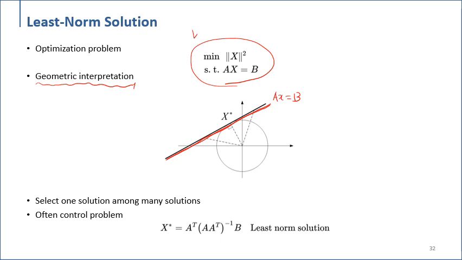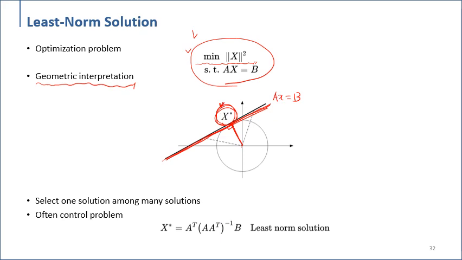By adding one additional constraint of obtaining the minimum L2 norm, we can find the one solution that has the minimum L2 norm, which makes a right angle of this line to the original Ax = b line. By finding this point, we can find the one solution.